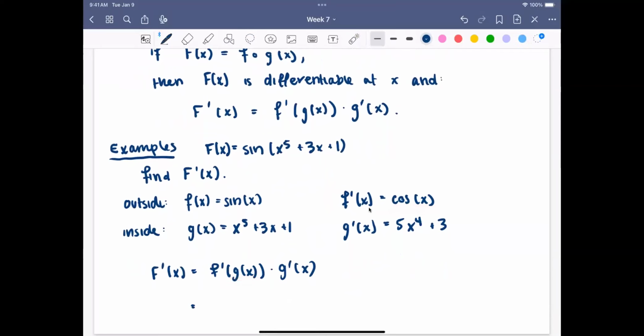So I'll have cosine of g of x, which is x to the 5th plus 3x plus 1. And then I'm multiplying that by g prime of x. Okay, and that's it. So that's our derivative of capital F of x. Are there questions?